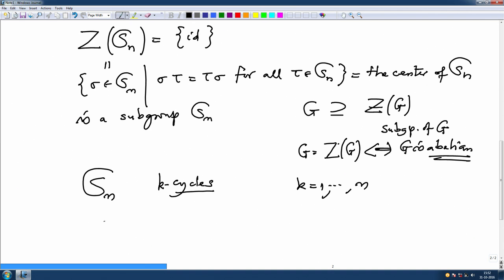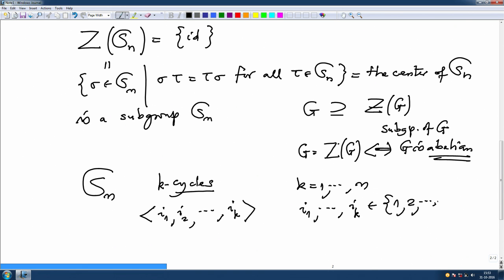This is usually denoted by the notation (I1, I2, ..., Ik), where you fix elements I1 to Ik in between 1 to n, and this permutation means that only the letters mentioned here move.